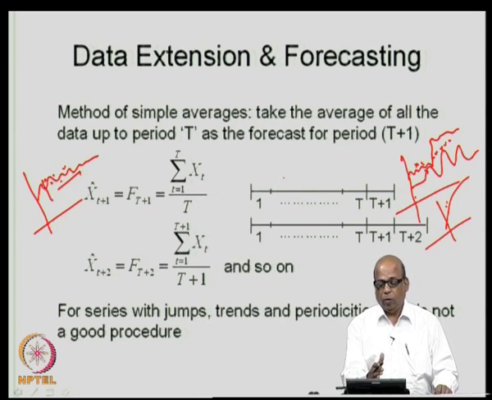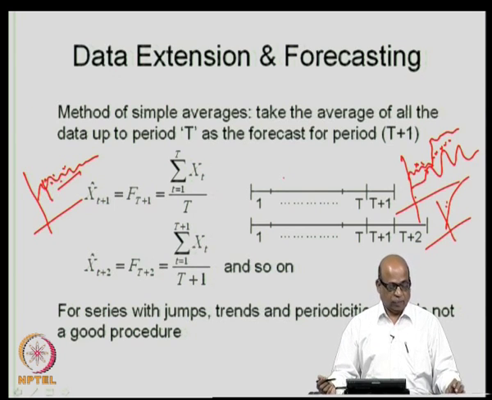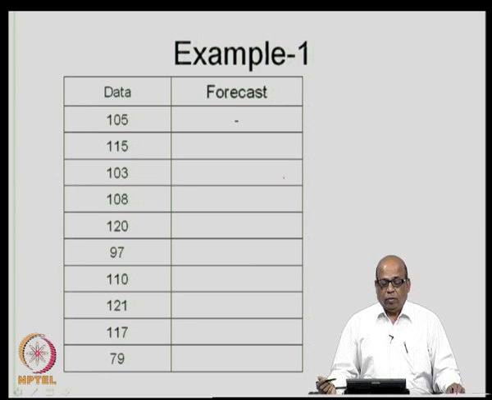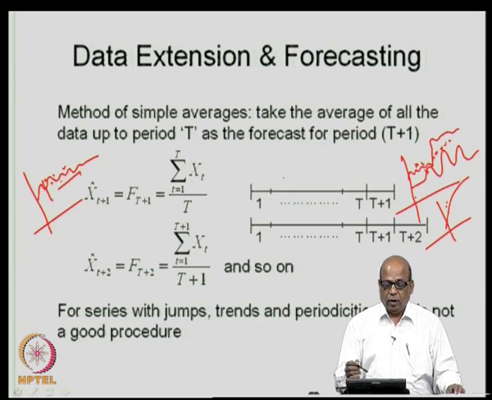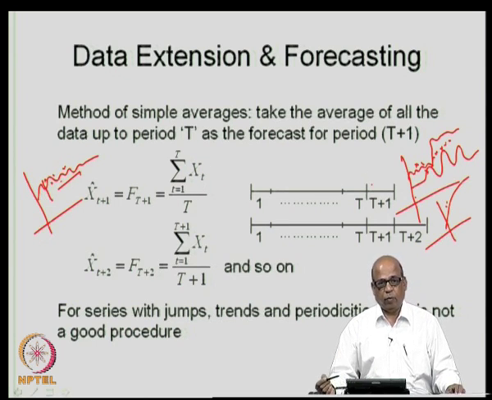That means we do not take all the values, but we keep a window of time fixed and always take the values within that window and then compute your averages. So, first I will demonstrate what I mean by taking all the values and then computing the average and putting that as the forecast.